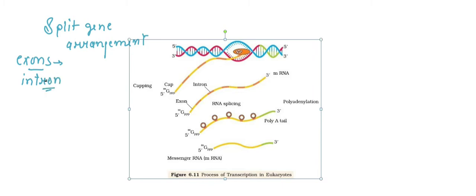So actually in the eukaryotes, the introns need to be removed, and also capping and tailing occur, and collectively it is called maturation. You know, the mRNA is processed from the primary RNA transcript, and the process is called maturation.